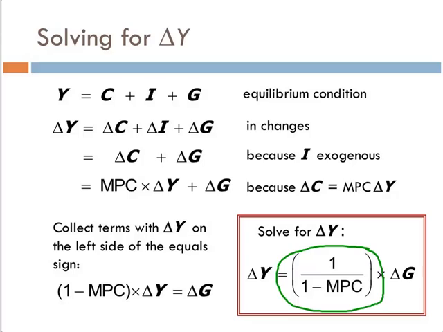We can summarize all that with the government spending multiplier. So 1 over 1 minus MPC is this government spending multiplier. Now, you need to remember that because we're going to come back to the tax multiplier in a second. And there's going to be some interesting things that we're going to do to compare the two.